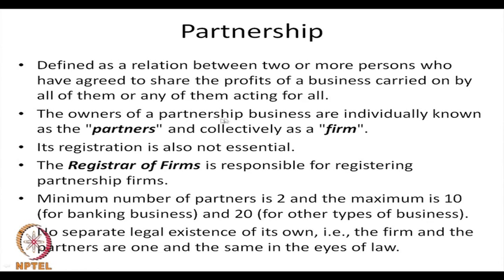The owners of a partnership business are individually known as partners, and collectively the business is called a firm. So, this is therefore a partnership firm. Although sometimes loosely we use the word firm to mean a company, legally it is a firm only when it is a partnership type of business.